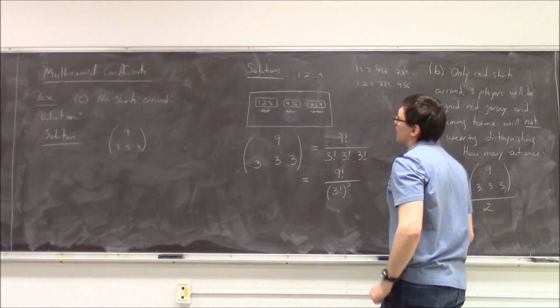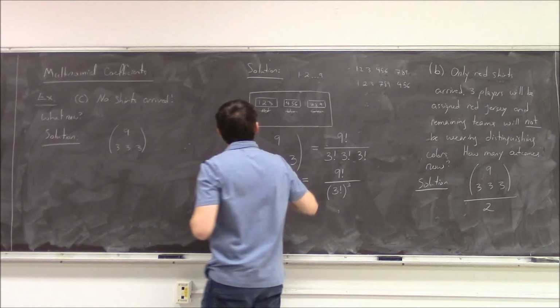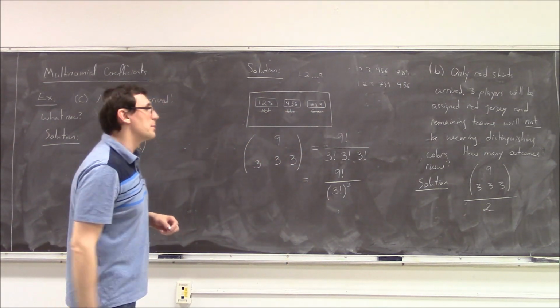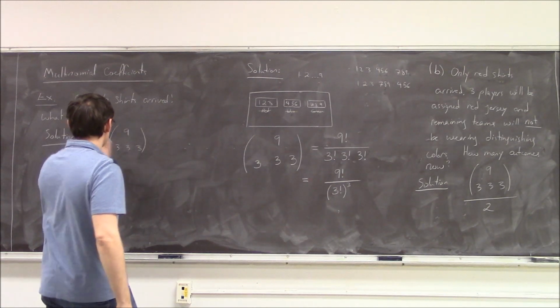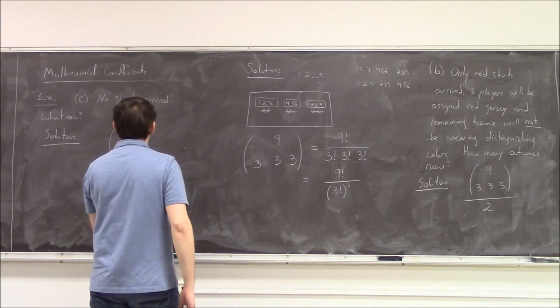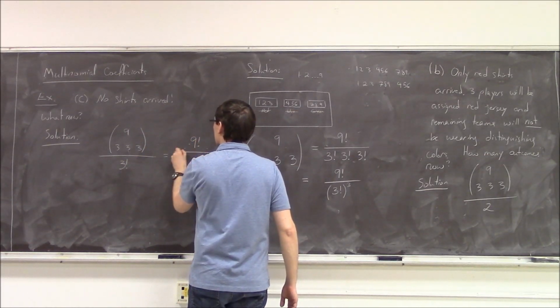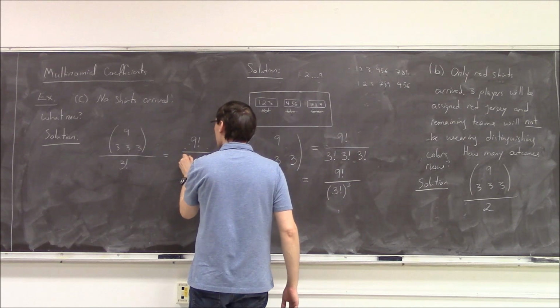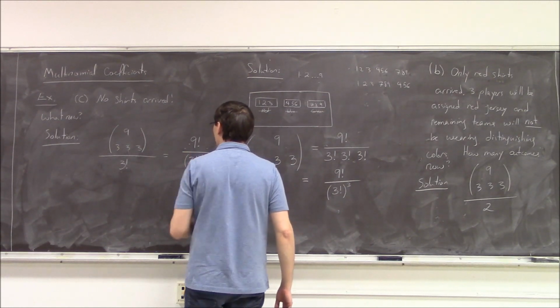That means that we overcount each destiny using this code scheme exactly 3 factorial times, which means our solution is 9, choose 3, choose 3, choose 3, divided by 3 factorial. Or if you prefer, it's 9 factorial divided by 3 factorial to the power of 4.